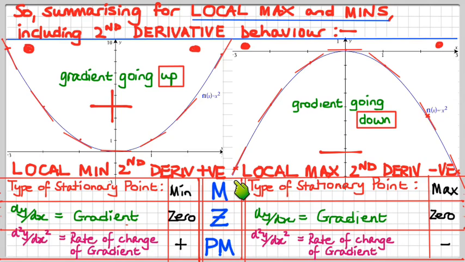So local max or min on the original function, zero gradient for the gradient function, plus or minus for the second derivative function, the value of the second derivative at that value of x for the stationary point of the original function. That acronym there is very important for you to remember.